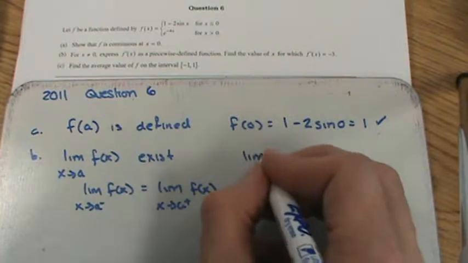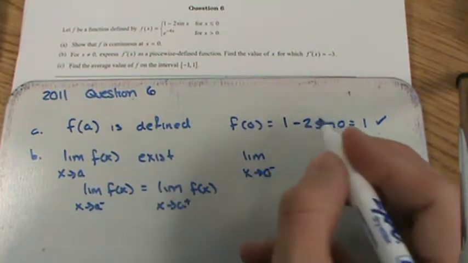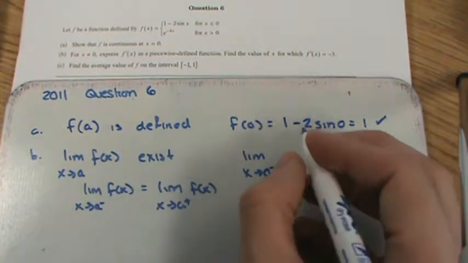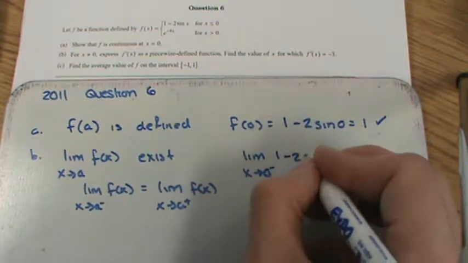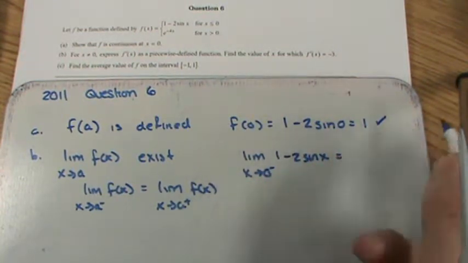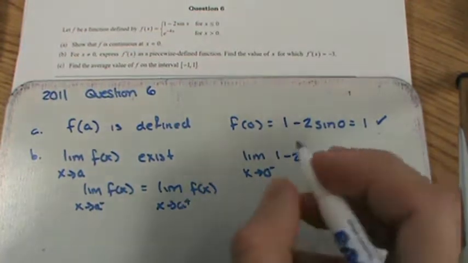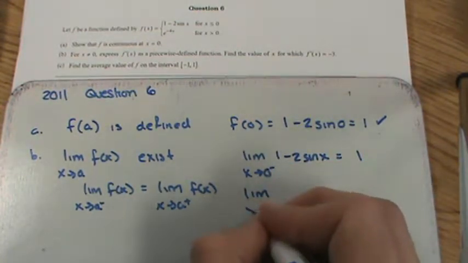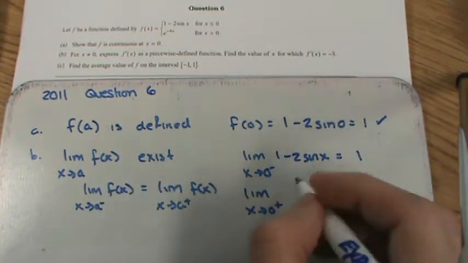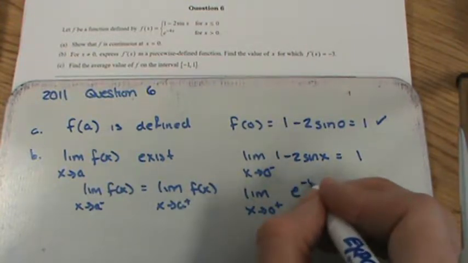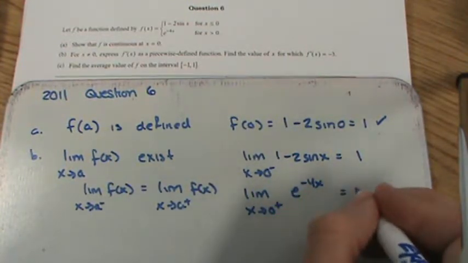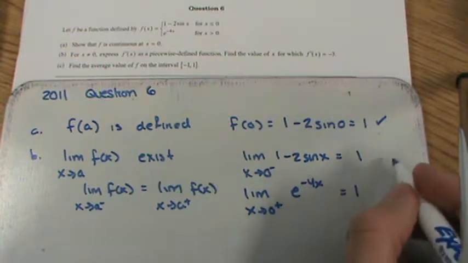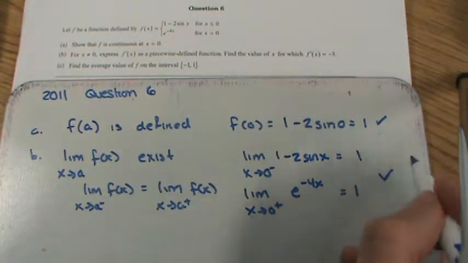The limit as x approaches 0 from the left, we're going to use that left-hand equation, the 1 minus 2 sine of x. Well, we just said that equals 1 when you plug in 0. And the limit as x goes to 0 from the right, we're going to use the second equation, e to the negative 4x. If we put 0 into that, we also get 1. And so these both equal each other. The limit exists.